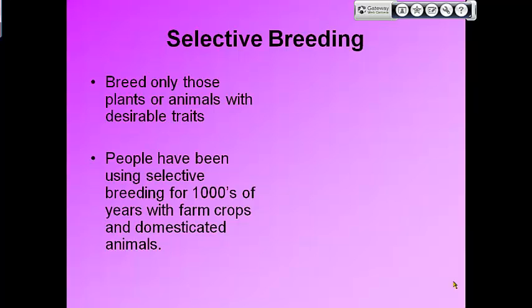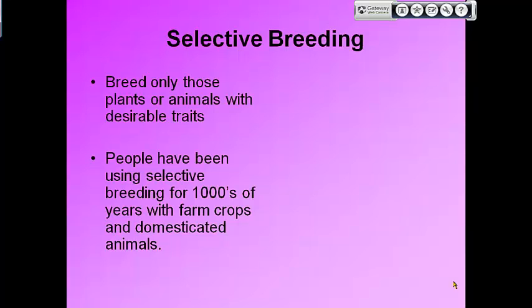People have been using selective breeding for thousands of years. We do it on farm crops, on domesticated animals. Basically, if you have a strain of corn that is resistant to disease, and you find that it doesn't get diseases often, you can breed that corn with other corn of the same type, and you'll get more corn that is disease resistant.